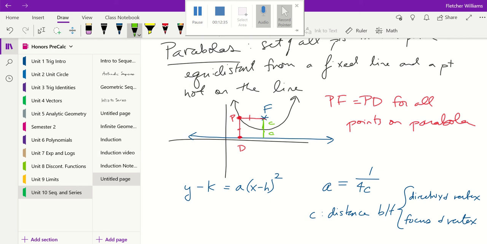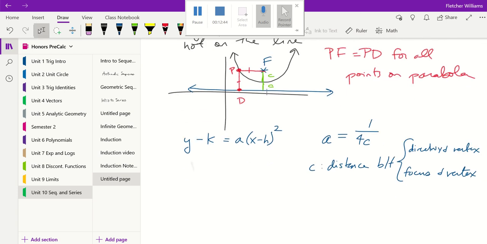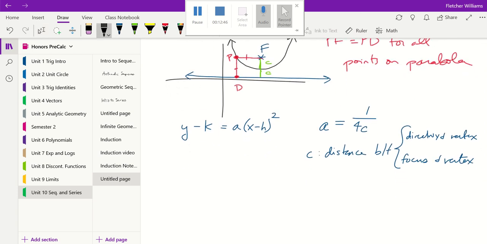So that's a vertically oriented parabola. But we could also have a horizontally oriented parabola. We could have something like that. So here's our focus and our directrix.